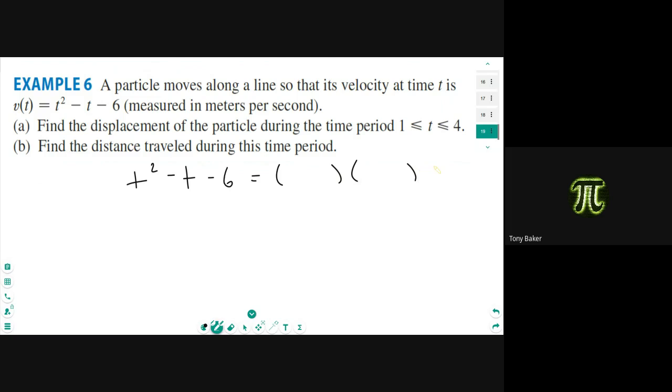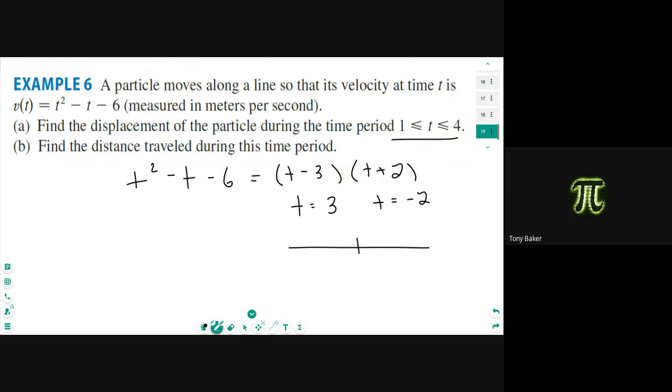So factor it for me. With 2 numbers that multiply to -6 and add to -1. Create a positive two. So t equals 3 and t equals -2, where it changes direction. Do I care about the -2? Right, we're only looking at that area anyway.